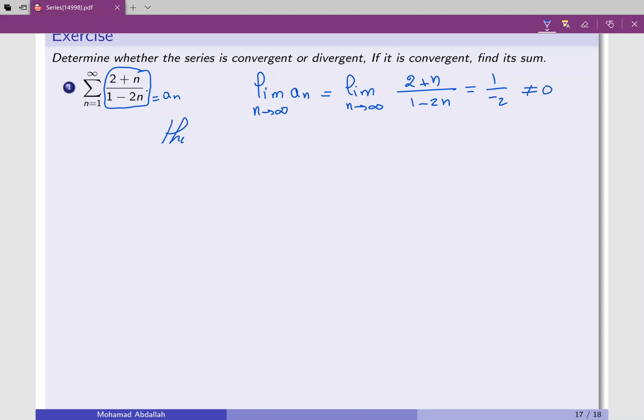Then, by the divergence test, the one that we stated in the previous slide, the series diverges. So look, if you get limit equal to 0, you cannot say anything. The test is inconclusive. But if the limit is not equal to 0, then you can conclude directly that the series is divergent.